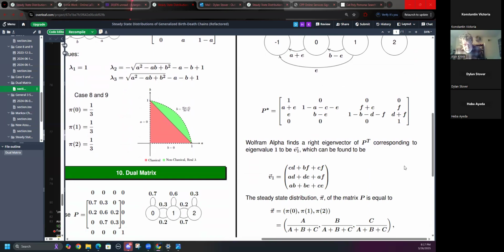P star refers to the dual, and P is referring to the original.